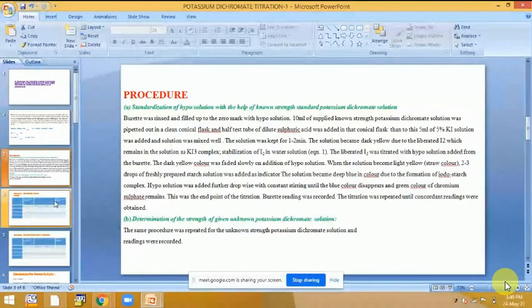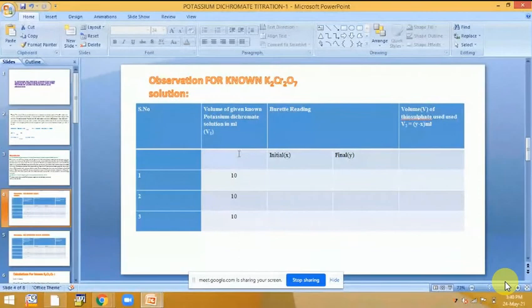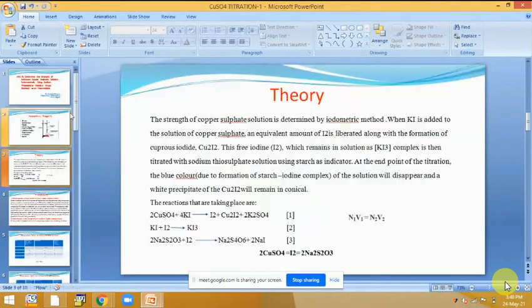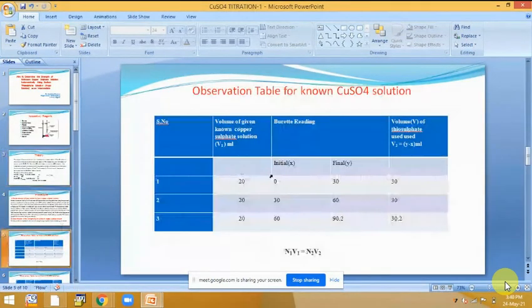Then by calculation, similarly, your V1 will be, for example, in this case, we take the known potassium dichromate as 10 ml, and your burette reading will be like 18 or 20. And you see here the initial reading and final reading. I should explain this one. You take a 20 ml flask, and when you start your titration, the burette reading will be 0.